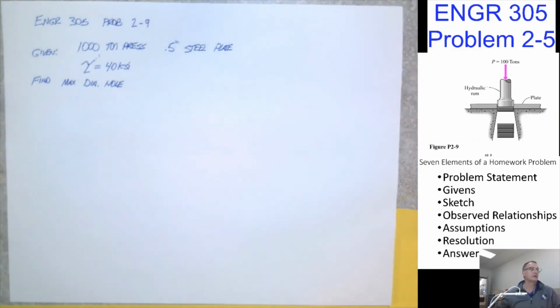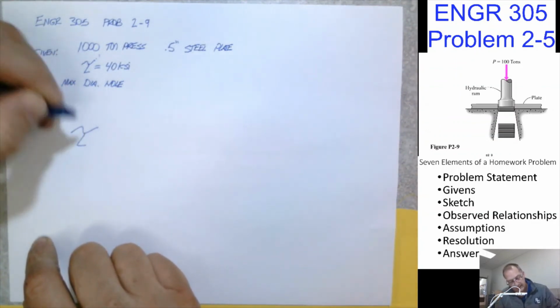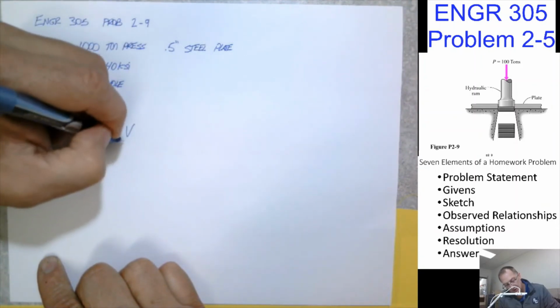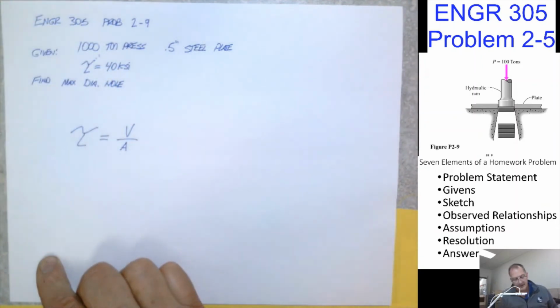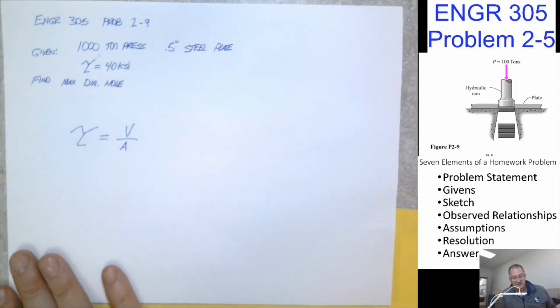So really the picture is again very important, but so is our observed relationship. That observed relationship is that the shear stress is equal to the shear force divided by the area. Now, what parts did they give us?